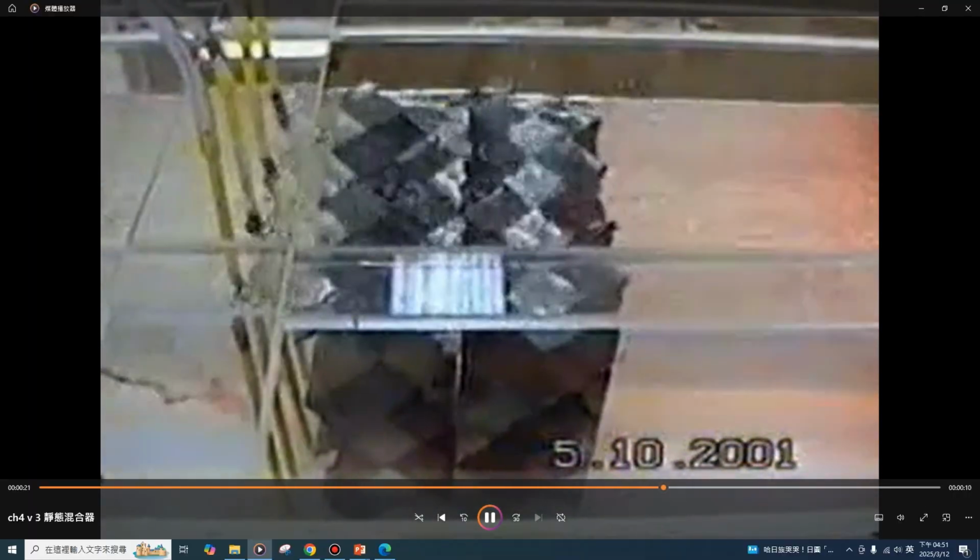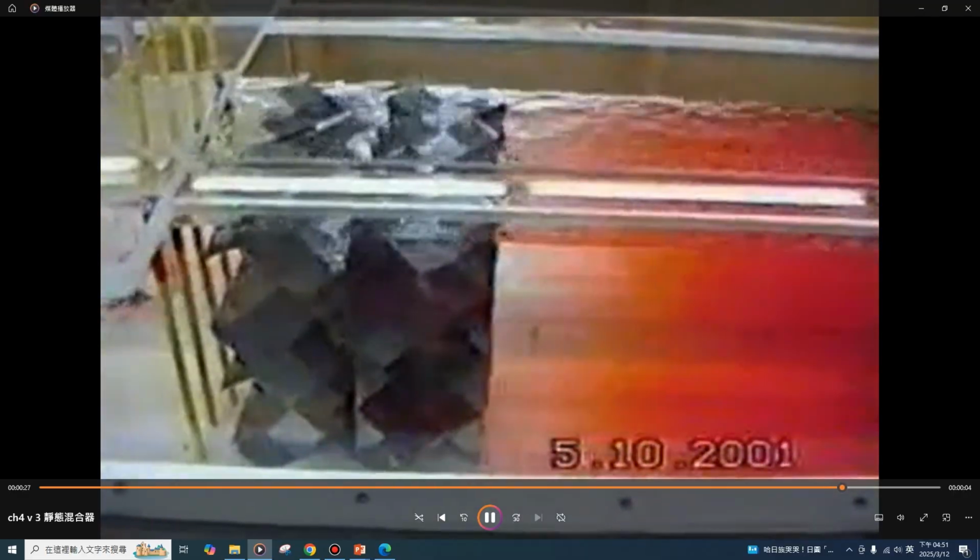You might use a mechanical way to do the mixing, but as you can see, once you have this kind of mixing, you can do it very quickly. But you need to design the plates and the angles. You can even make it thinner, so you can do the modeling or the calculation to make it quicker.